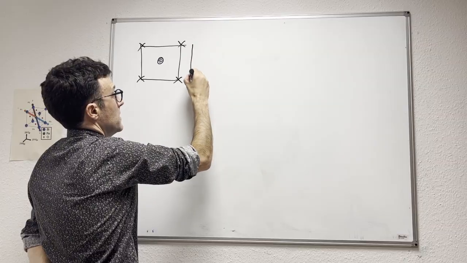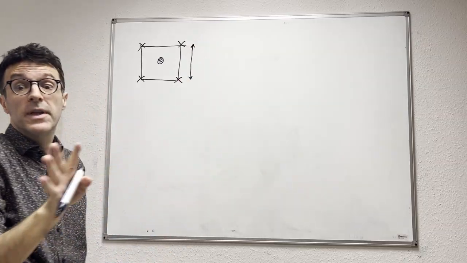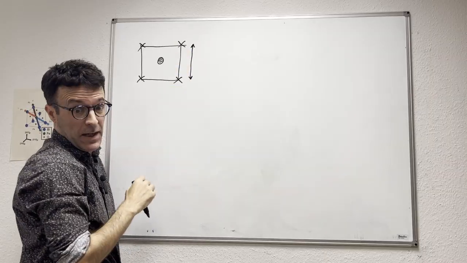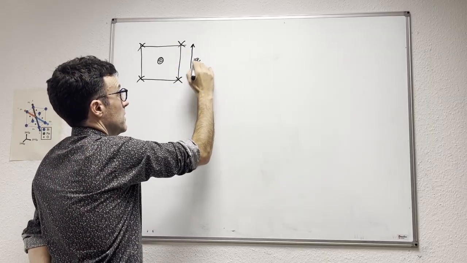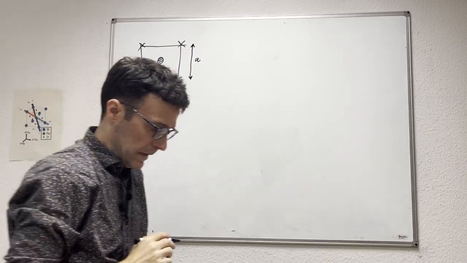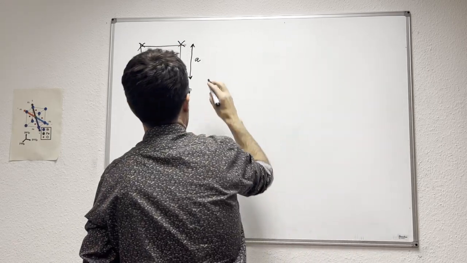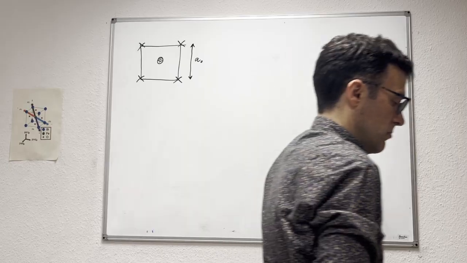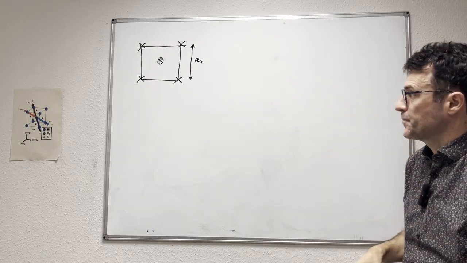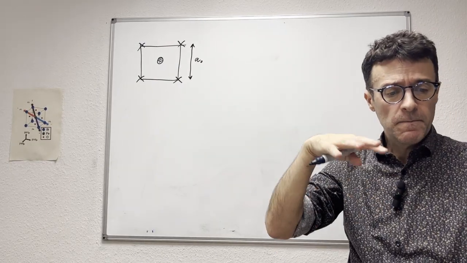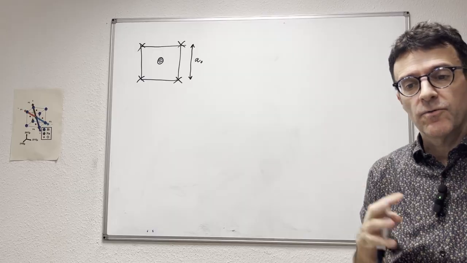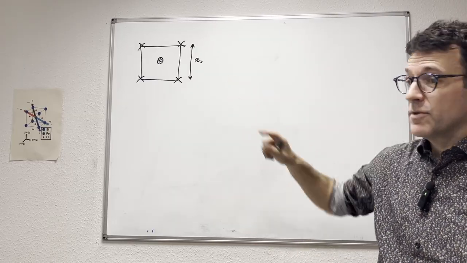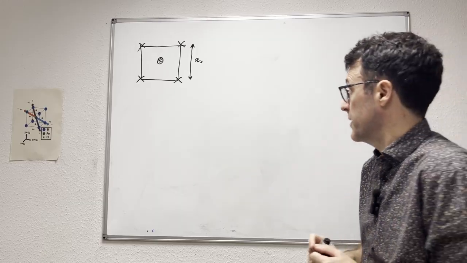So let's imagine that at equilibrium in the high symmetry structure, this crystal has a lattice constant. We call it A. Let me call it A0. It means reference. It means no perturbation, etc. But in general, we want to allow this lattice constant to fluctuate, to vary, to take any value actually, although we are going to take A0 as the reference.